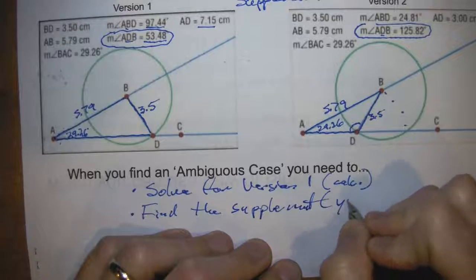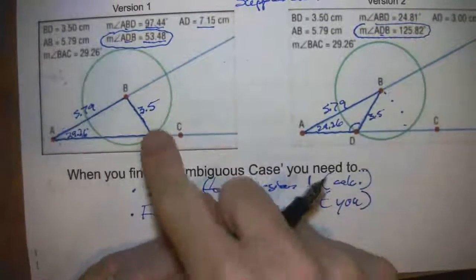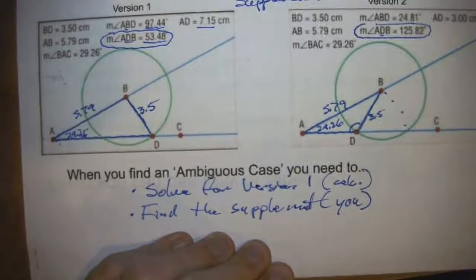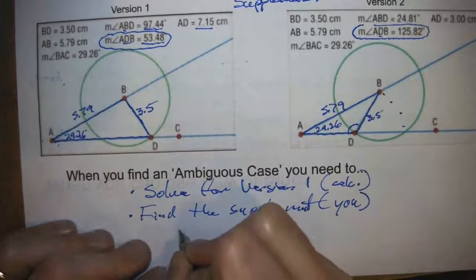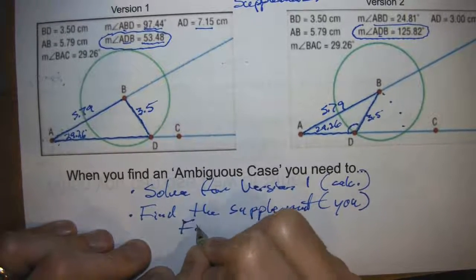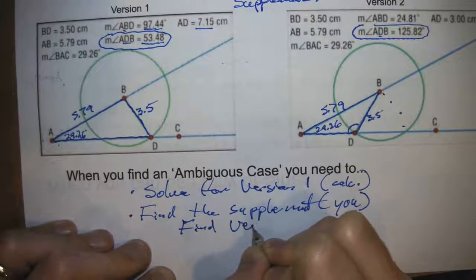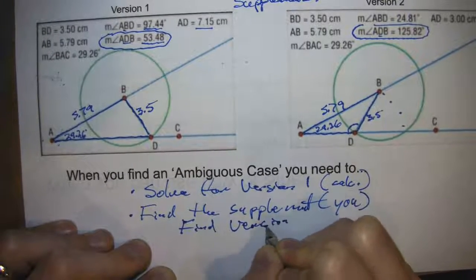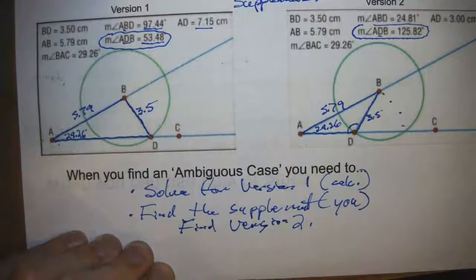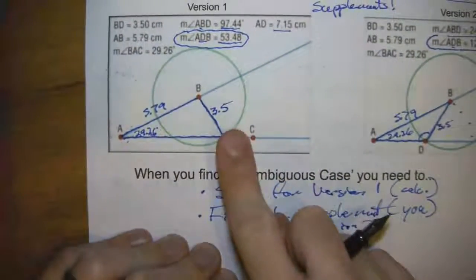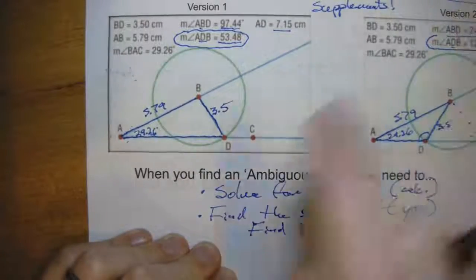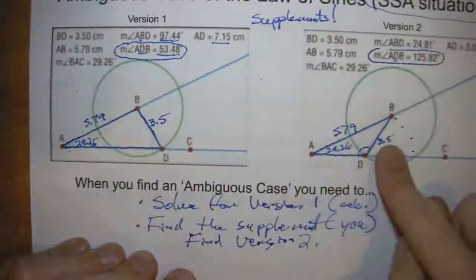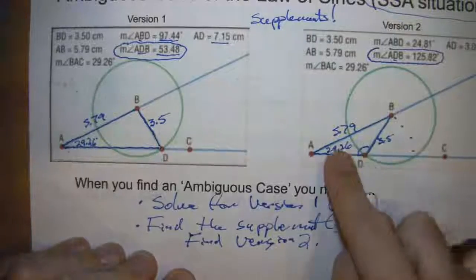You are going to have to find that supplement. Once you've got that supplement, find version 2. Your calculator will not do this automatically. Once you realize you've got a side-side-angle situation, redraw it, use that supplement, and then solve again.